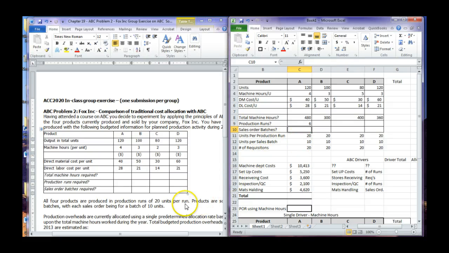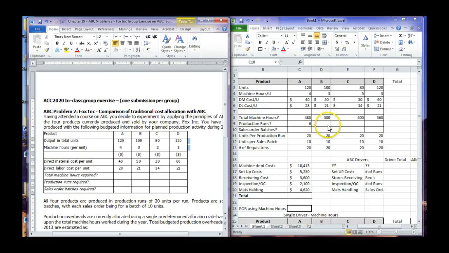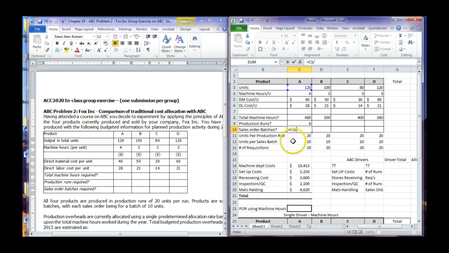We can take that from down here, and that comes from this data here. Products are sold in batches. So I know that I had 120 units, and if I've lost you, just rewind, because I wrote this all down here about 5 minutes ago on the video. But this gets us to where we were.